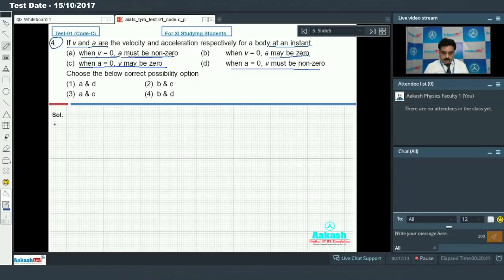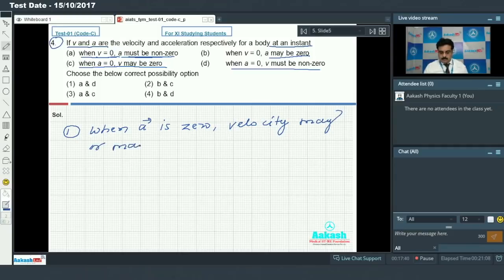So now we will discuss only two conditions. First I am going to discuss this condition: when acceleration a is 0, then we know velocity may or may not be 0.